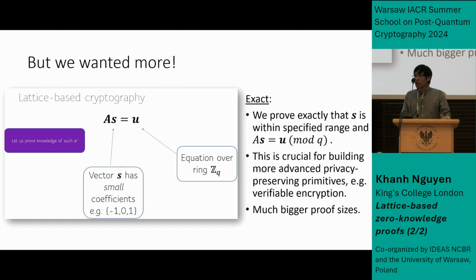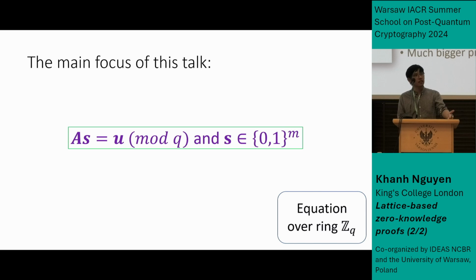We want to prove that we know that our vote was either 0 or 1 and not between -100 and 100, right? So it has various applications in more exotic signatures, ring signature, blind signatures, and so on. But in general, this leads to much bigger proof sizes. Okay, so this part of the talk will focus on how to prove this type of statement efficiently.